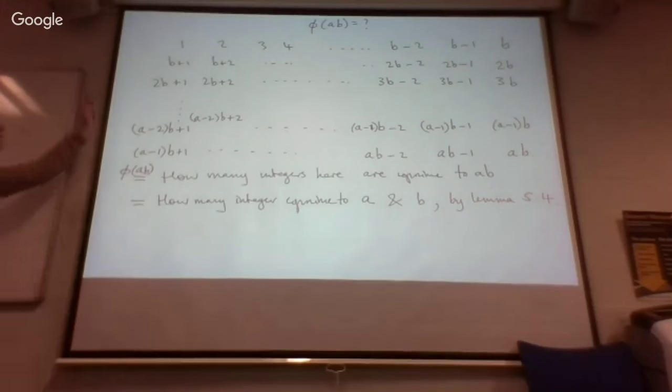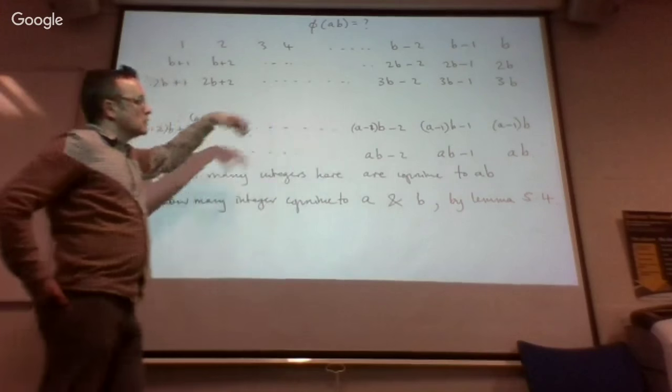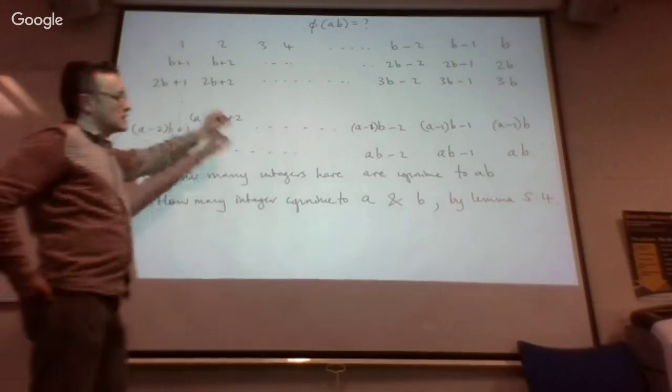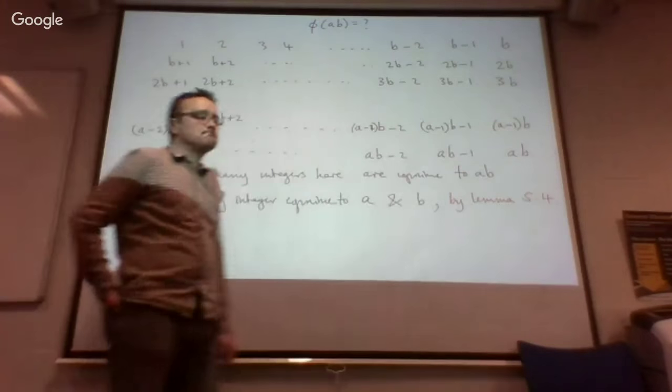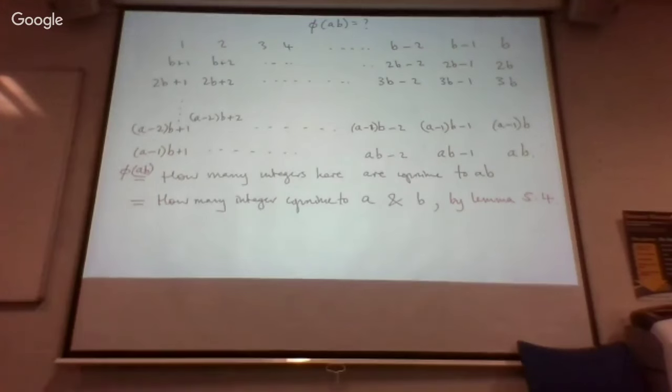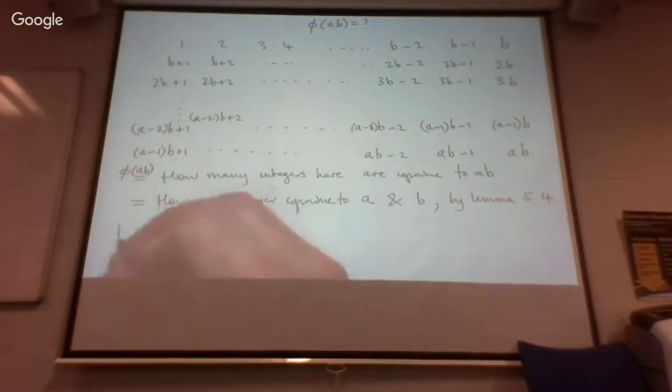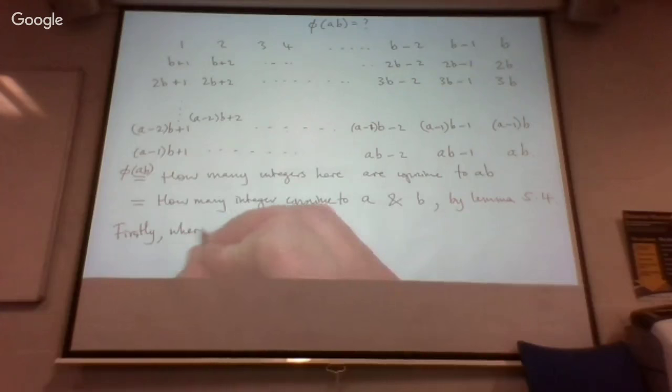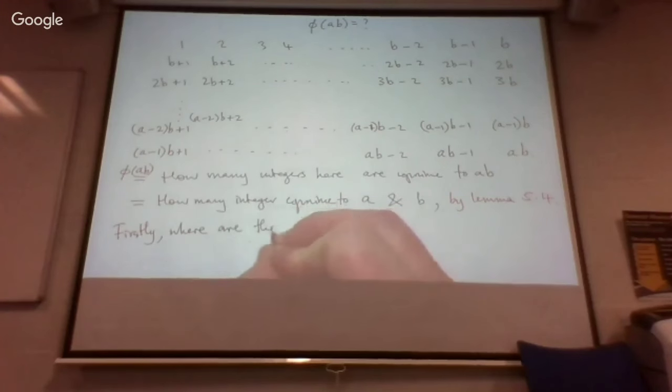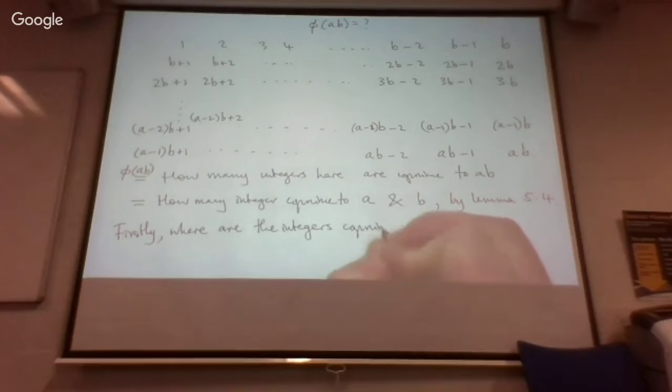So now, of all these numbers here in this grid, we're looking for all of the ones that are coprime to A and coprime to B. So firstly, where are the integers coprime to B?